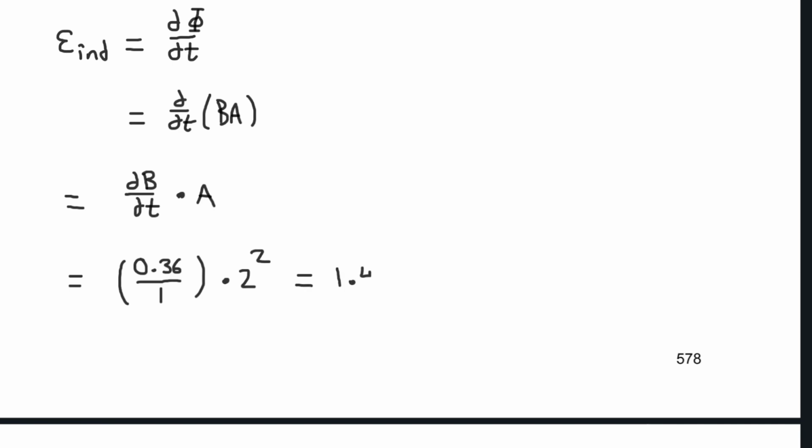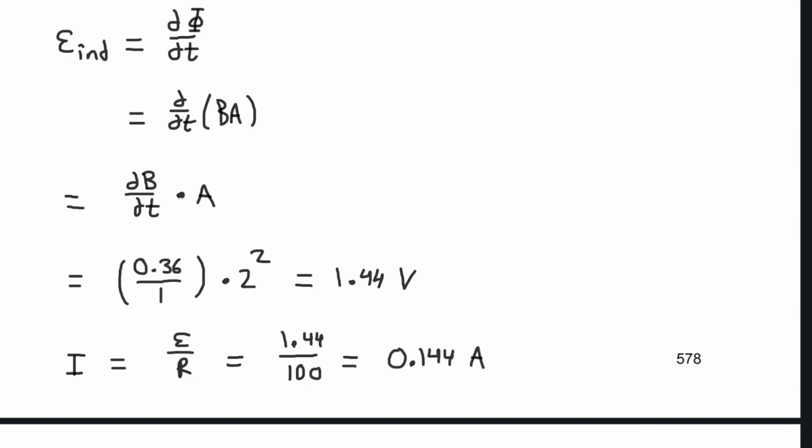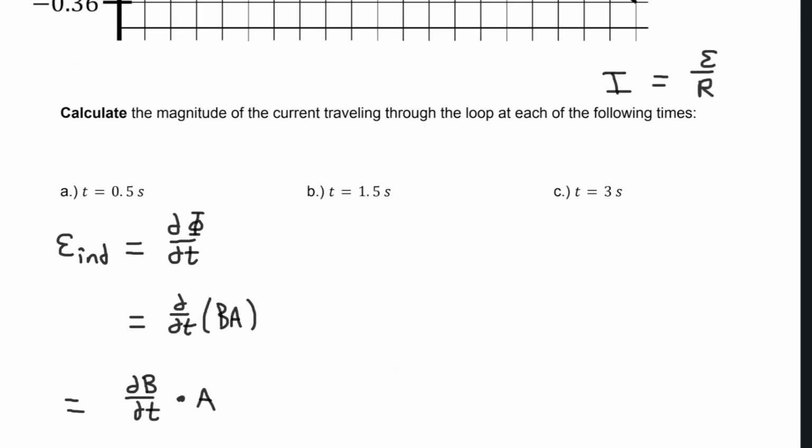So this is 1.44 volts. Then the current would be the EMF divided by the resistance, which is equal to 1.44 divided by 100. So just shift the decimal twice, and we get 0.144 amps. I used a lot of space here because we don't need to do a whole lot of work for the other two parts.